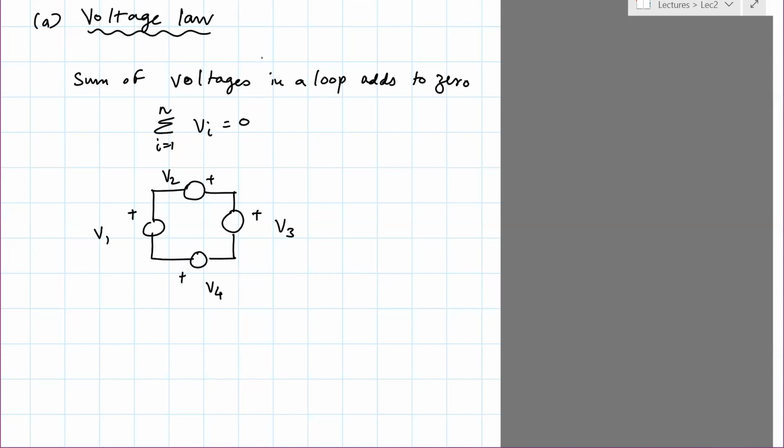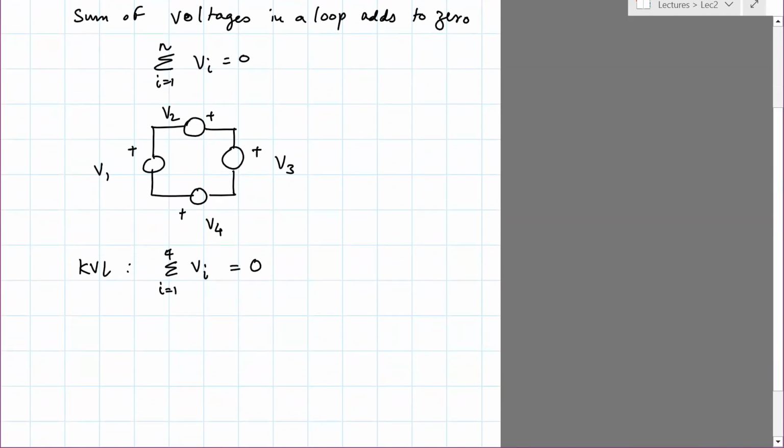Okay, so for example, the positive of V2 is connected to the positive of V3 and so on. So if we want to use KVL, or Kirchhoff's voltage law, then you'd say summation of Vi, where i goes from 1 to, in this case, 4 voltage sources, should be equal to 0.